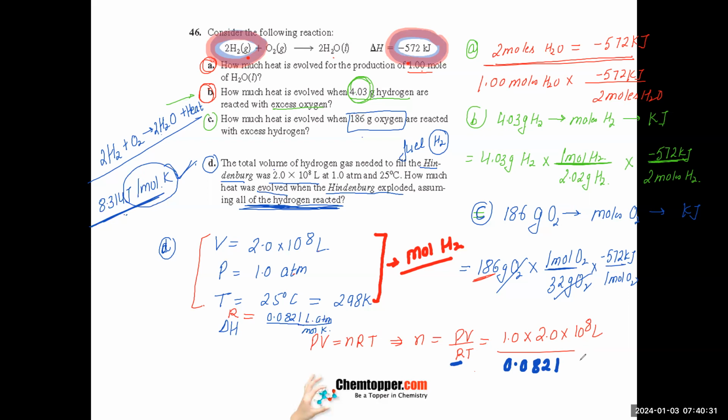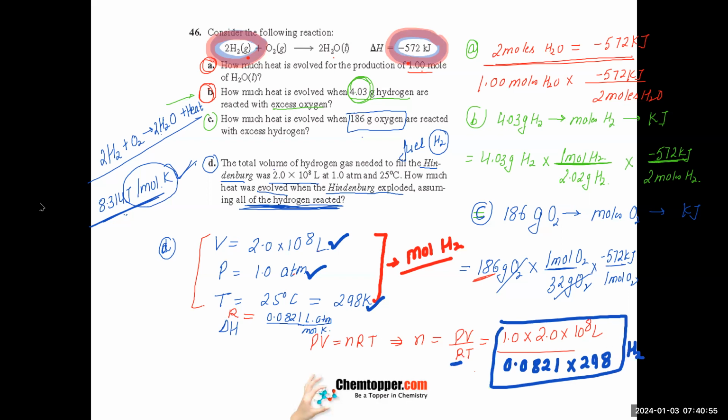0.0821. You can see units are compatible. Pressure in atm, our pressure is also atm. Volume in liters, our volume is also in liters. Our temperature is in Kelvin. So units are okay, and temperature is 298. So these are the moles of H2.